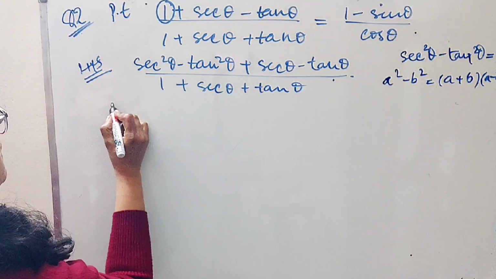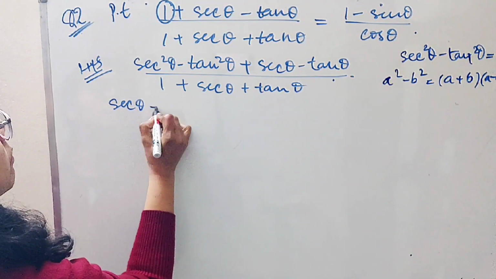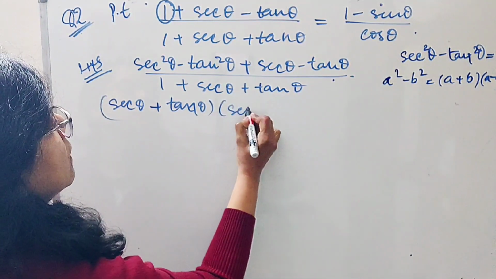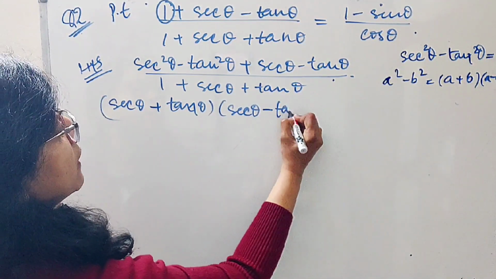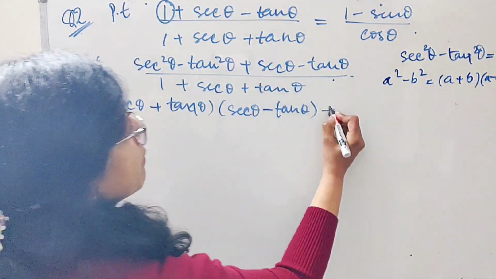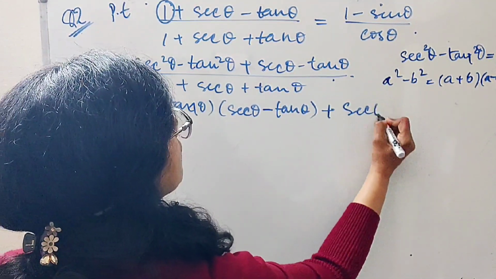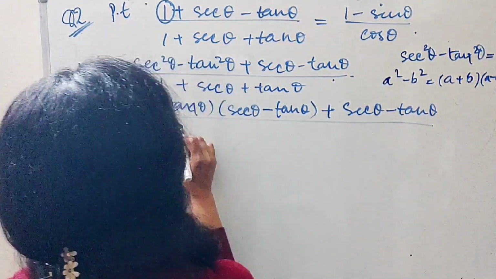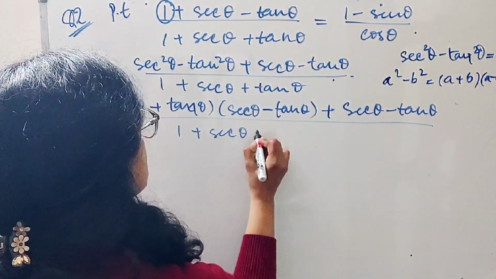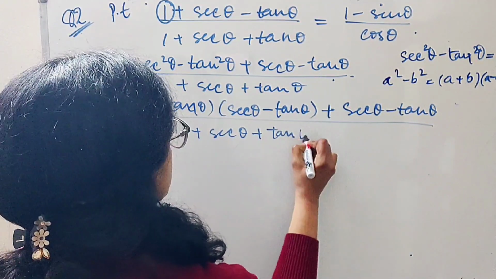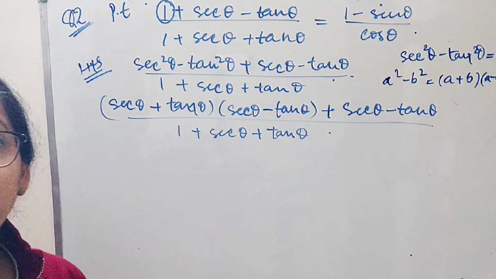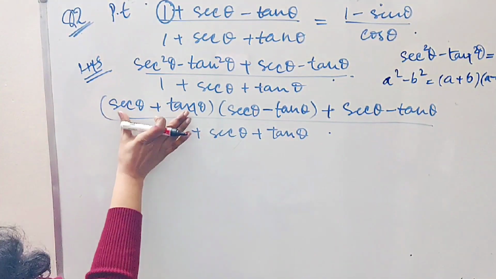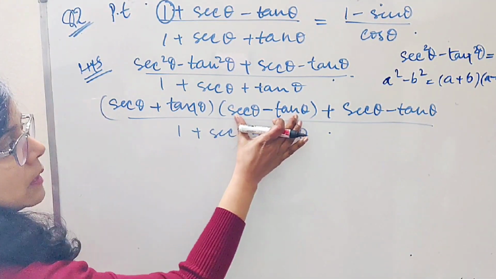So this will become (sec theta plus tan theta)(sec theta minus tan theta), and then again plus this sec theta minus tan theta, and the denominator will be the same, 1 plus sec theta plus tan theta. So now what you can see in the numerator is that sec theta minus tan theta is here as well as here.